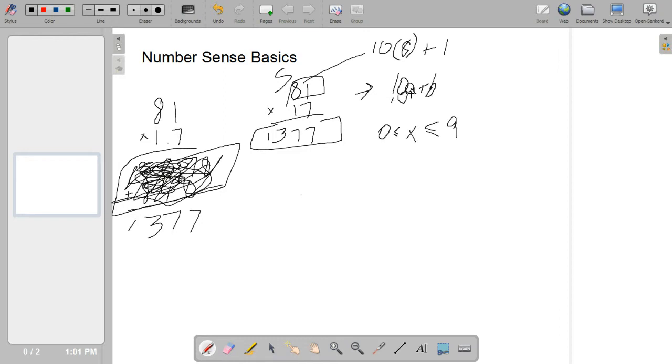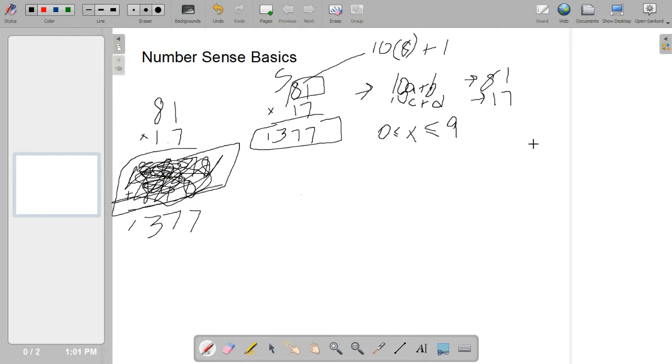So now, if I want a second number, I can represent it as 10c plus d, which is basically just another number. In this case, let's say c is 1, d is 7, so 10c plus d is 17. So this is 81, and this is 17.